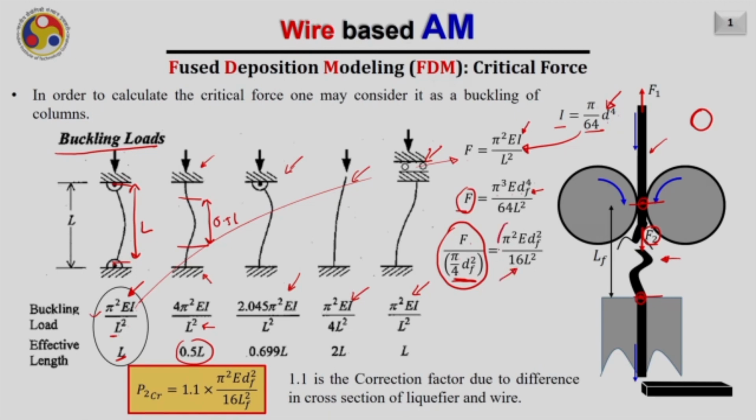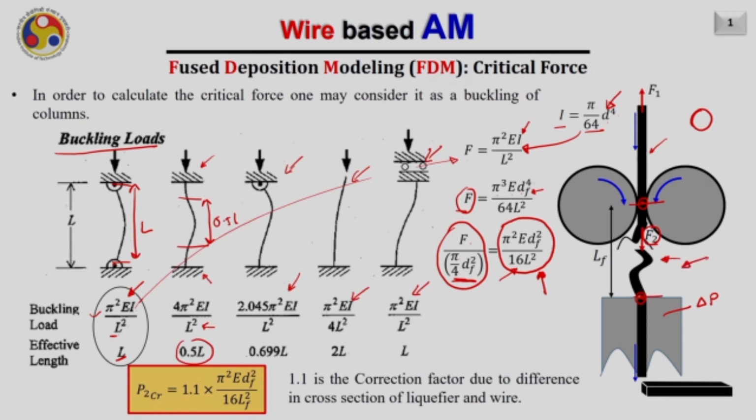Therefore, I can say that this is the value corresponding to the maximum pressure which the wire can handle if we are pushing it towards the liquefier. Therefore, the pressure in the liquefier, which I am calling delta P, should not exceed this value. If it exceeds this value, then definitely the wire gets buckled in this region.